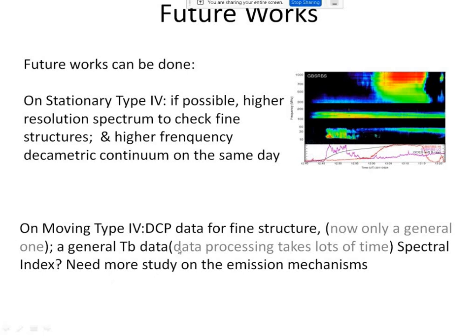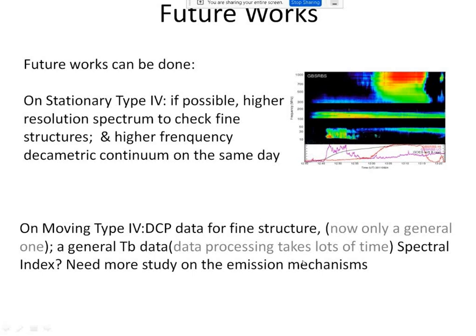On the moving type 4 radio burst, we didn't do the DCP data for fine structures. We only did a general DCP change. We also didn't do the general TB data. We only did the brightness temperature for the fine structures.